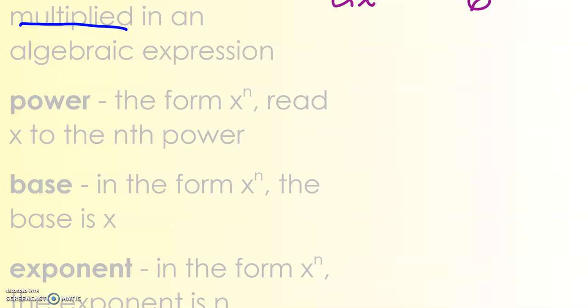And then finally, we have our powers, which are in the form of x to the n power, where we read this x to the nth power. So let's go ahead. We know variables are placeholders for numbers that we don't know. So let's pretend that x equals 2 and n equals 7.